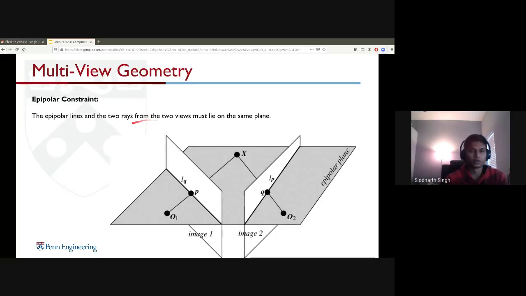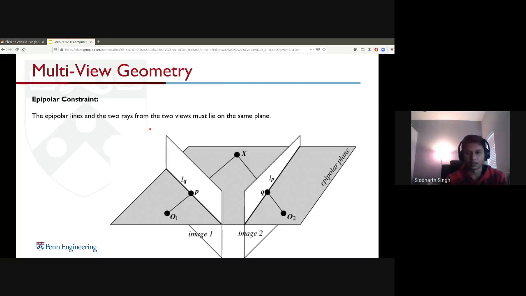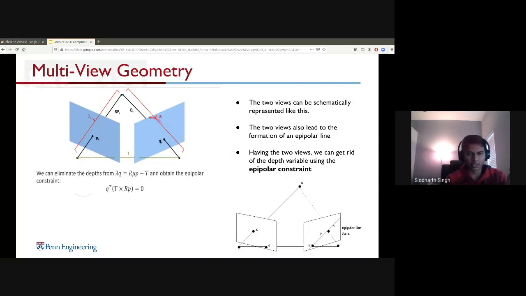Now, if you try to understand the epipolar constraint, it's very simple. Like I said, the epipolar lines. So just like we have this plane, we also have the image plane. Now we need to understand it's just a concept that the epipolar lines, which are essentially the lines lying on this epipolar plane, cross through the image plane.